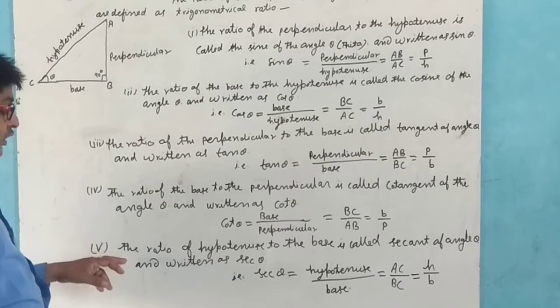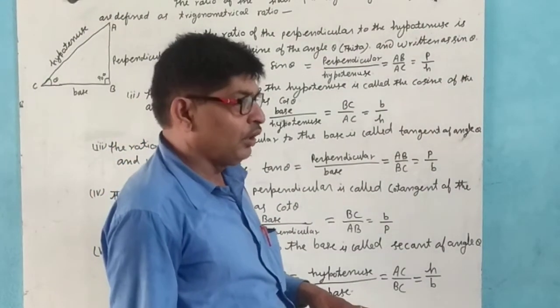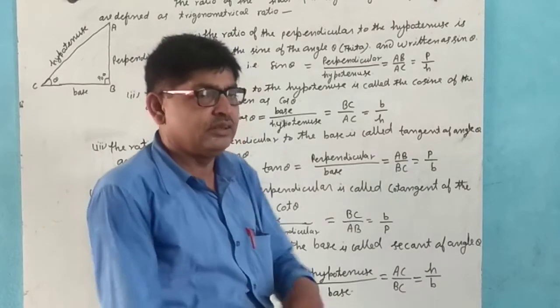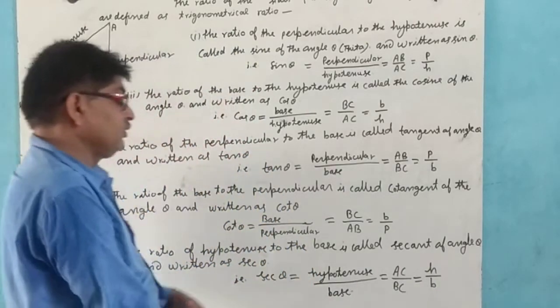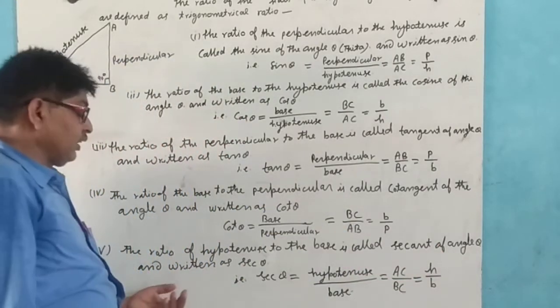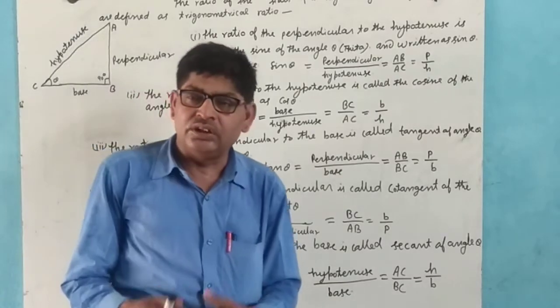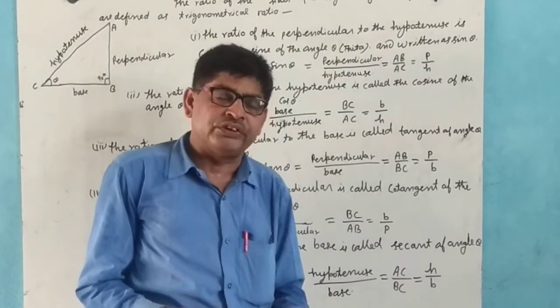And next ratio, the ratio of hypotenuse to the base is called secant of the angle theta, that is written as sec theta. It is reciprocal of cos theta.